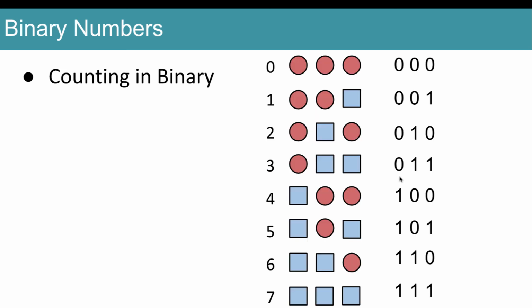So let's count in binary. Instead of our circles and squares, I'm going to convert those to zeros and ones. Wherever I see a circle, I'll put a 0, and wherever I see a square, I'll put a 1. So when I'm counting in binary, I'm going to start out with 0, and then I'll go to the next symbol, which is a 1, and then I need to go to the next symbol, which is a 0, but I'm going to have to add 1 in the next place value.